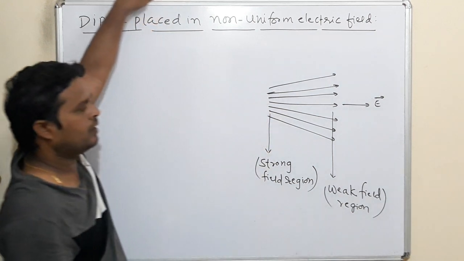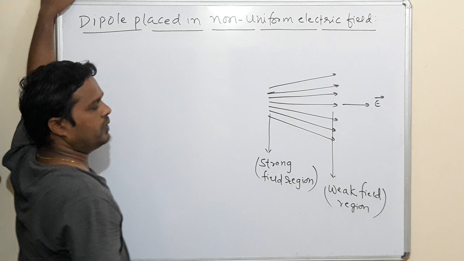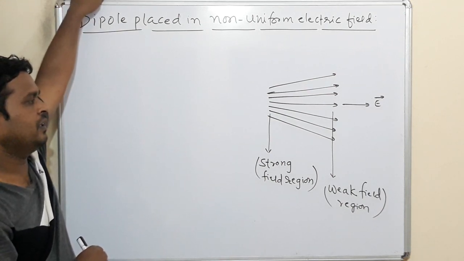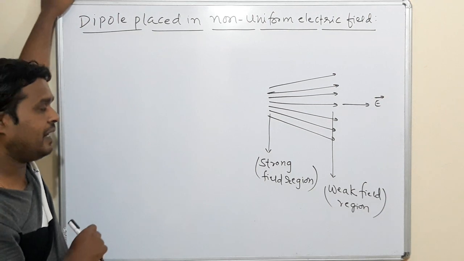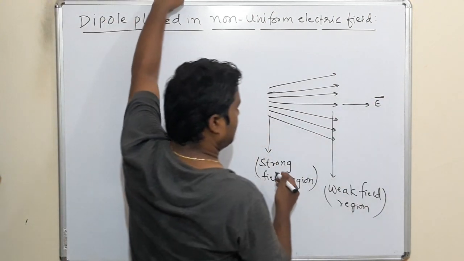If in this field, which is not uniform, we place an electric dipole, we can place it in two ways. This is the direction of the field.